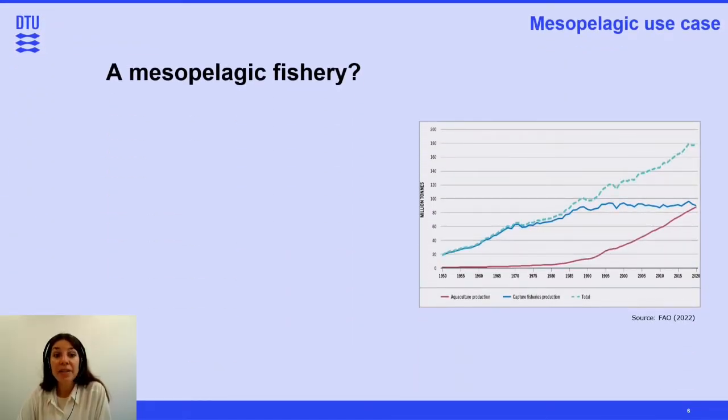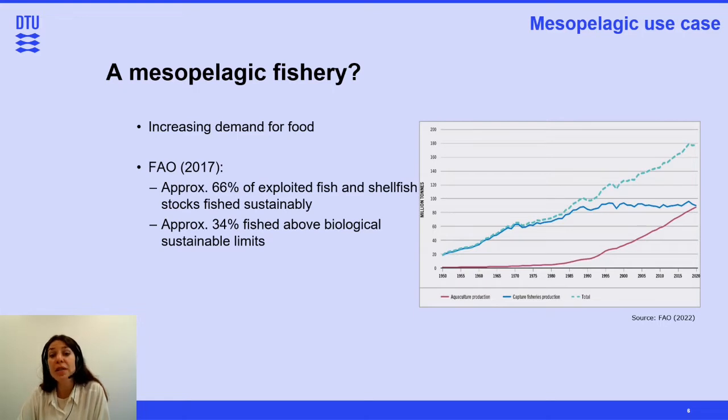Now today, there is interest to start exploiting species in this layer. Because as the human population grows, the demand for food, including marine products, also increases. The Food and Agricultural Organization of the United Nations reported that while 66% of the exploited fish and shellfish stocks are fished in a sustainable way, 34% of those stocks is still fished above biologically sustainable limits.